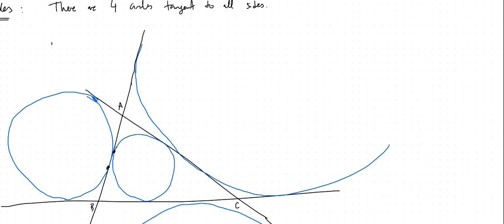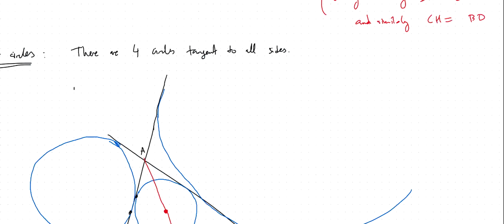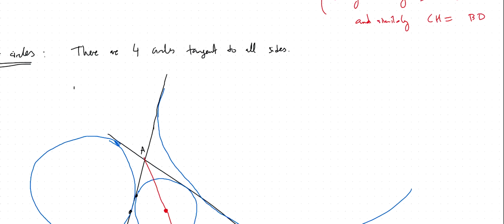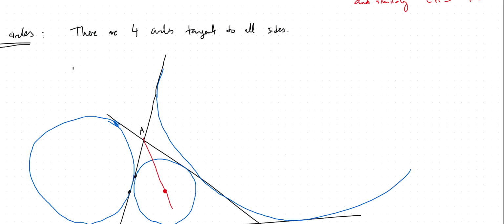If you draw this diameter, there is symmetry. These two tangents are symmetric, which means this red line must be the angle bisector. So to prove that exactly such four circles exist, we need to find the centers, first of all, by drawing the angle bisectors. So what we really need to show is that the angle bisectors are concurrent.